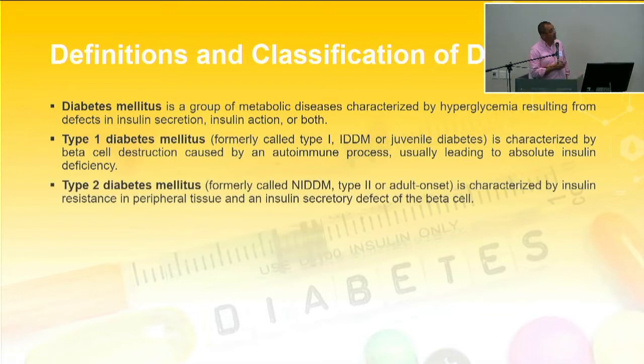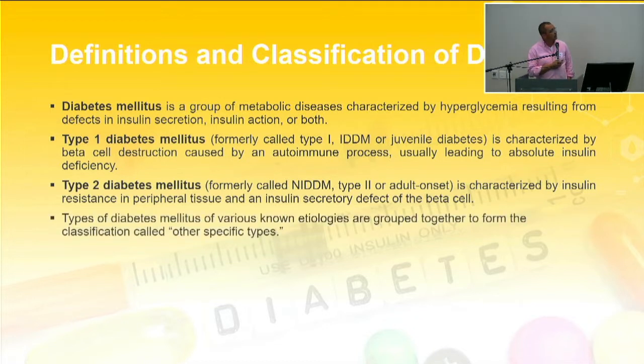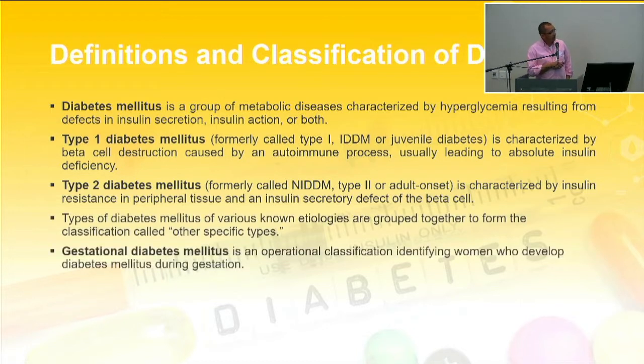Type 2 diabetes, previously called non-insulin-dependent diabetes, is characterized by insulin resistance in peripheral tissue and an insulin secretory defect in the beta cell. Gestational diabetes is an operational classification for women who develop diabetes during gestation.